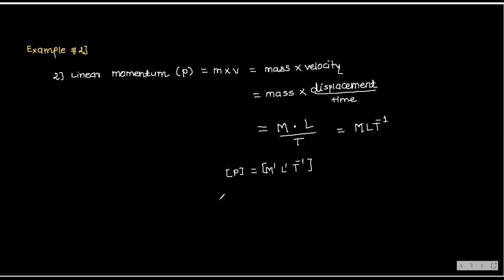Okay, so how will you read? 1 in mass, 1 in length, and minus 1 in time. This is the dimensions of linear momentum. Understood? Is that clear? How easy it is! Yes? Let's move ahead. One more example.